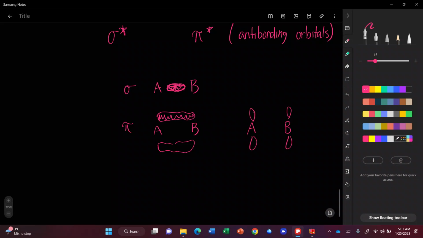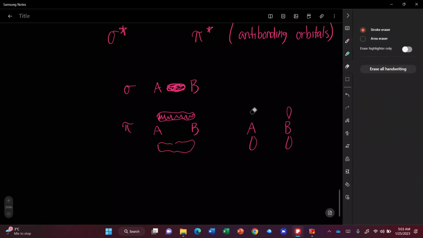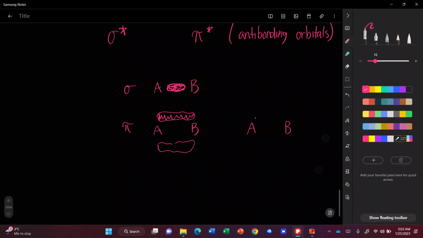Technically, it's the p orbitals sort of. To be a little more correct, the p orbitals actually lean into each other a little bit, and that's why you get something that looks like what I drew on the left there.